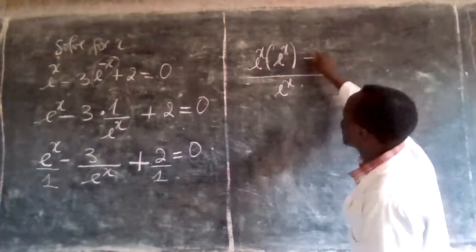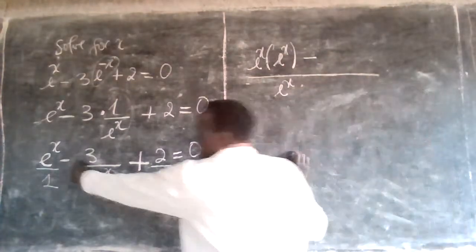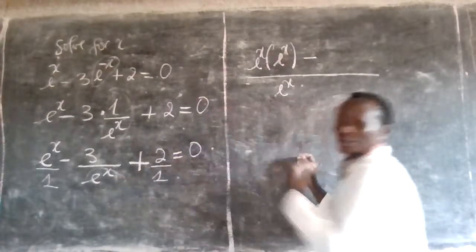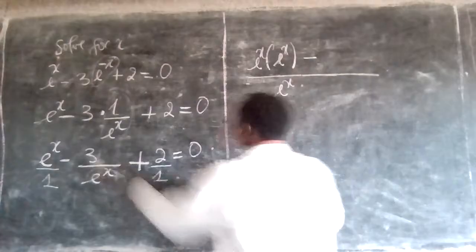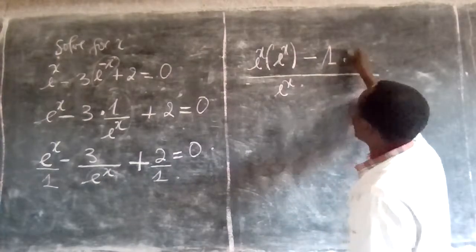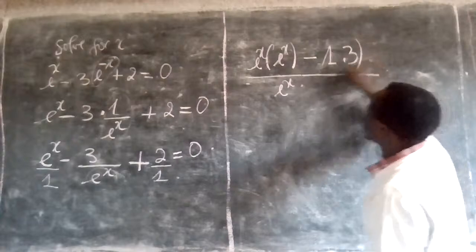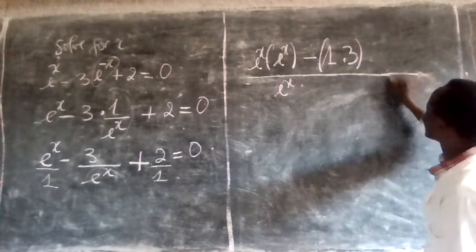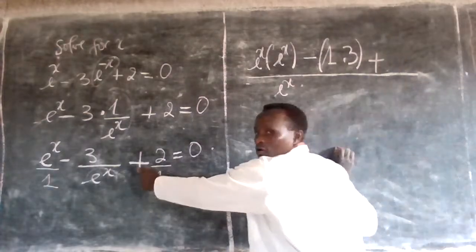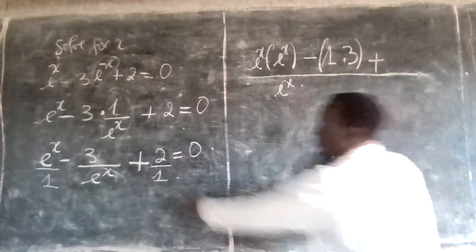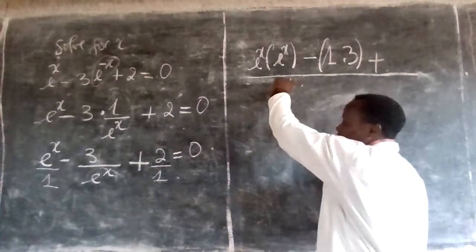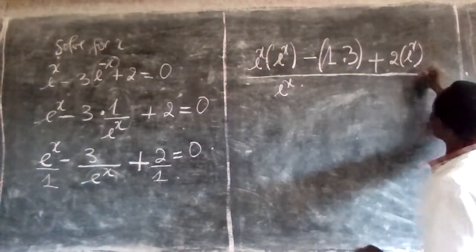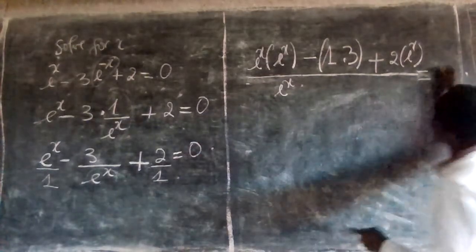Minus, this e power x over e power x remains with 1. Then you take 1 times this 3, it is 1 times 3. Plus 2, this e over 1 remains with e times 2, it is 2 times e power x, equal to 0.